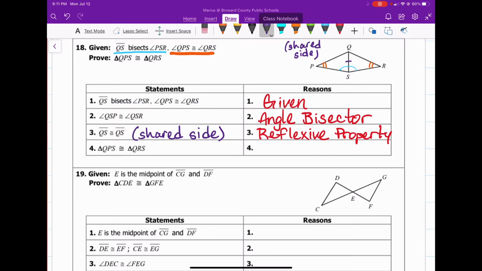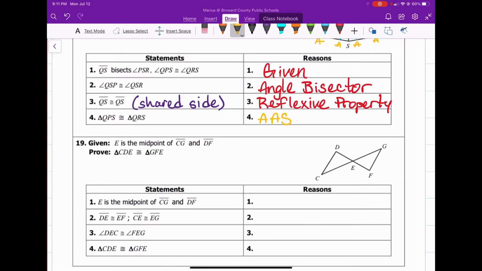Why is that? Well, let's see. We have an angle here, and we have a side. So angle, side. With that being said, that's the reason why these two triangles are congruent, angle, side.